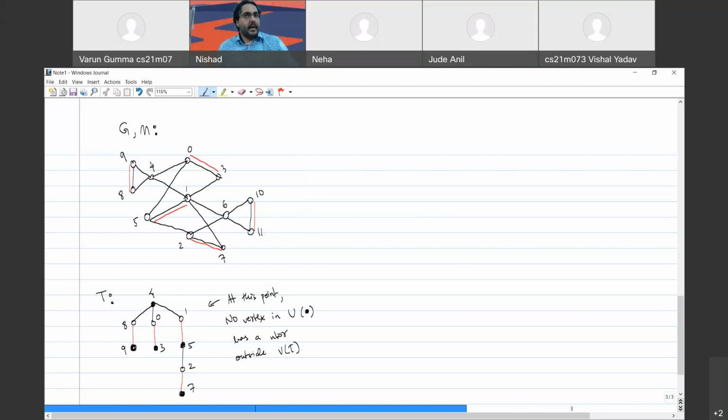So we can't build the tree in the usual way any further.